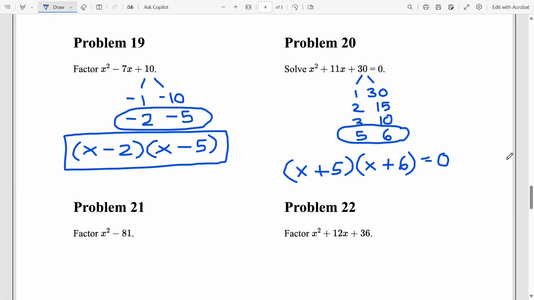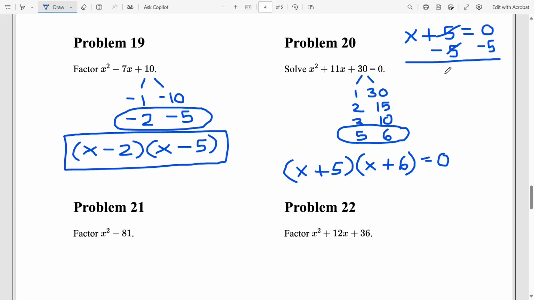Now we are supposed to solve this. So now what I'm going to use is the zero product property, and basically what that allows me to do is set each of these factors equal to 0 and solve for x. Why does that work? Well, if x plus 5 was 0, 0 times whatever x plus 6 would be 0. And if x plus 6 equals 0, whatever x plus 5 is times 0 is 0. Okay, so I'm going to set x plus 5 equal to 0, and I'm going to subtract 5 from both sides here. 5 minus 5 is 0.